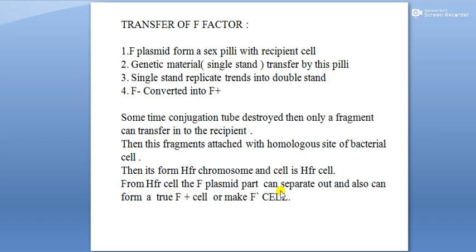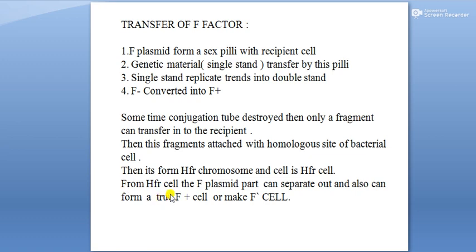Then it forms an HFR chromosome, and the cell is called an HFR cell. That means when the DNA fragment attaches to the chromosomal DNA, that formation of the gene is called HFR, and the whole cell is called an HFR cell.